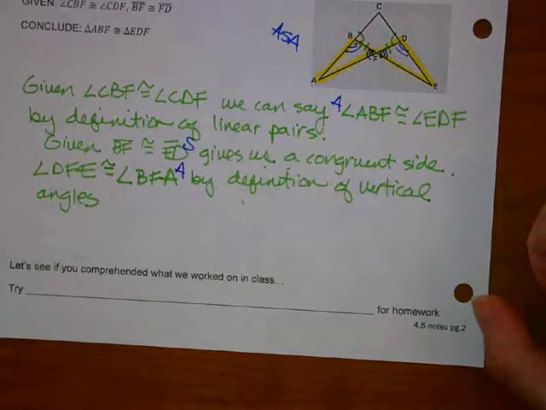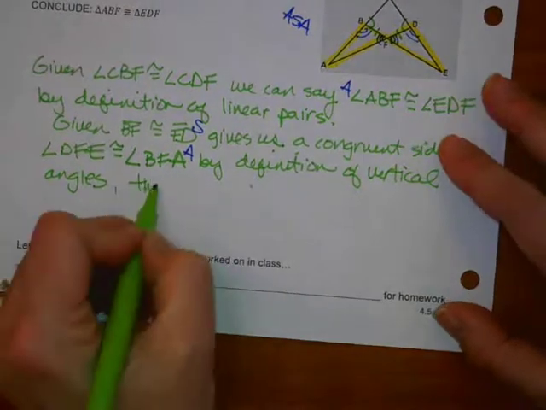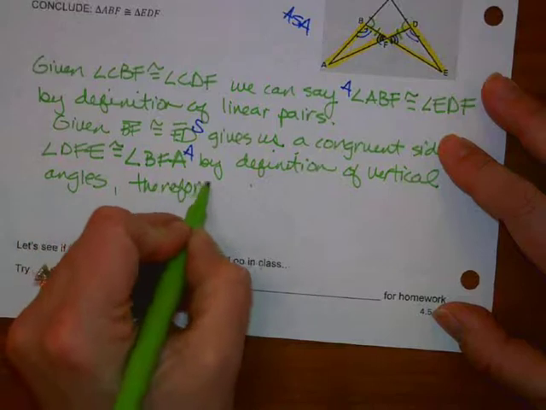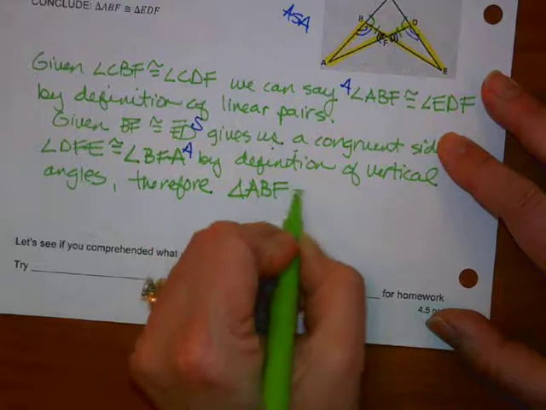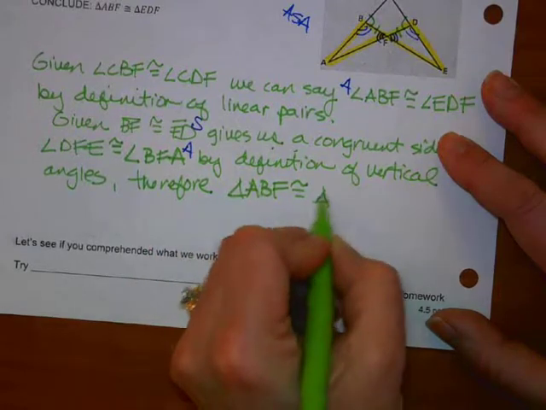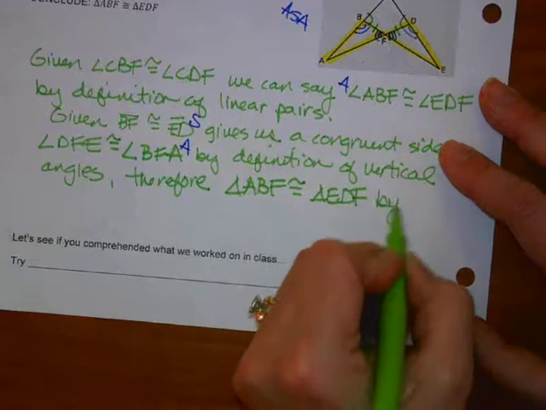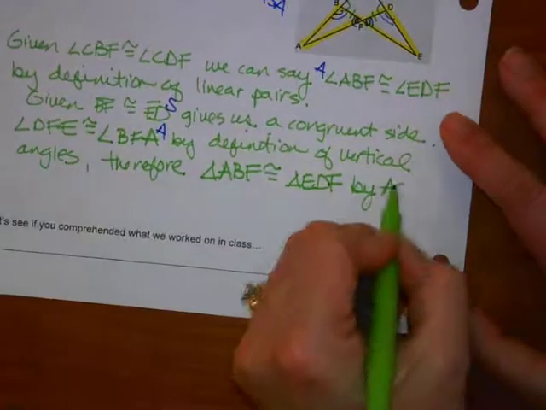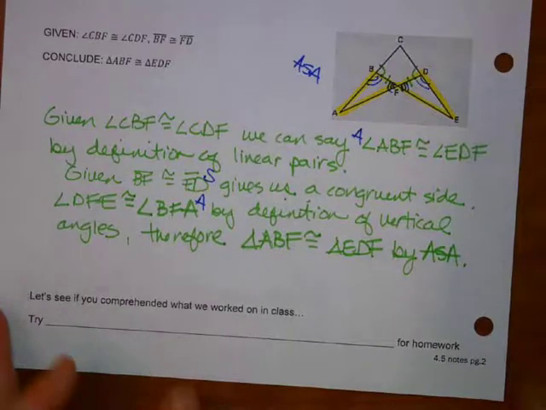Now I can make my congruence statement. Therefore, triangle ABF is congruent to triangle EDF by ASA. Beautiful, isn't it? Yep. So beautiful.